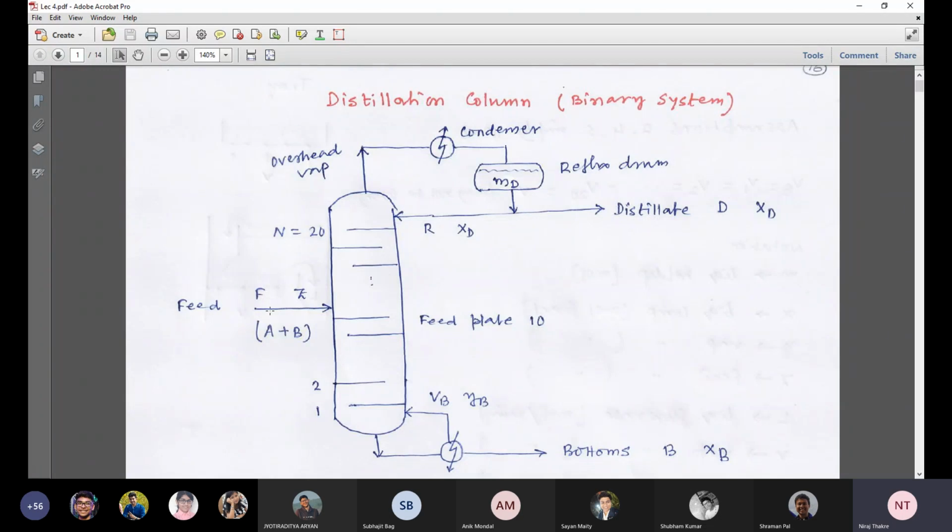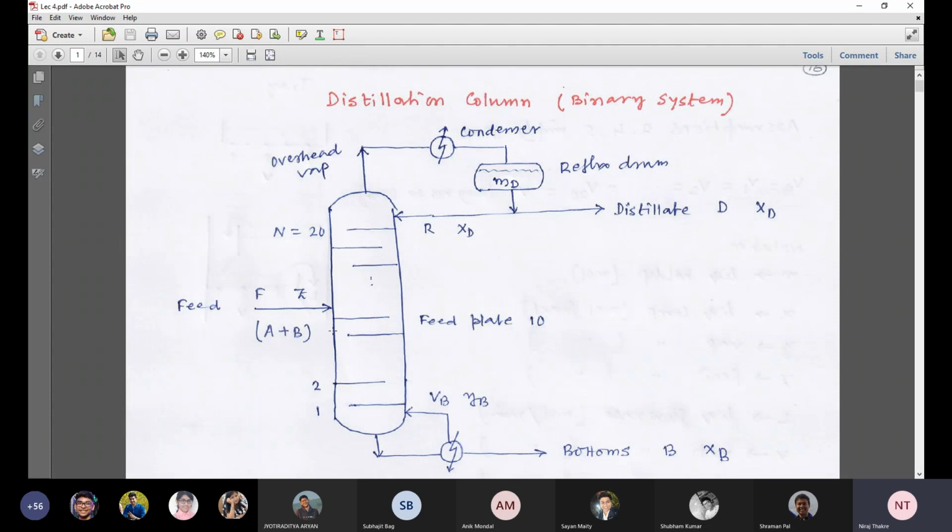You see this feed enters on a tray, so this is the feed plate, and here we have considered it the 10th plate. The bottommost tray is the first tray, the feed tray is the 10th tray, and the topmost tray is the 20th tray.